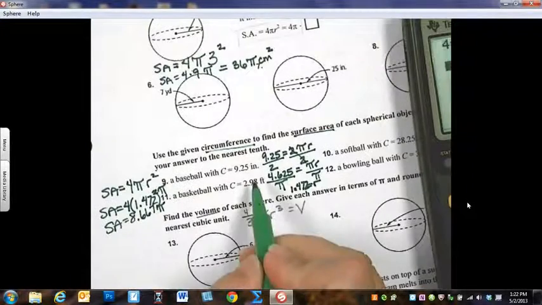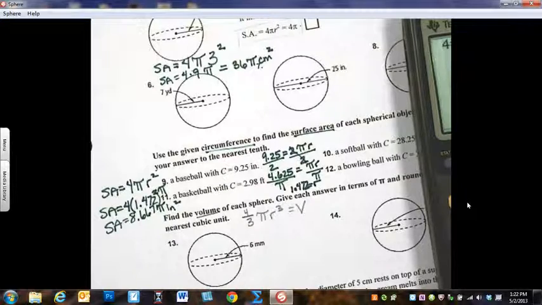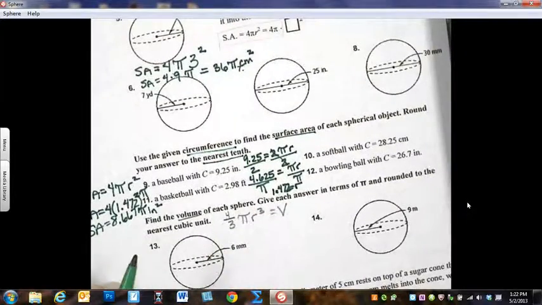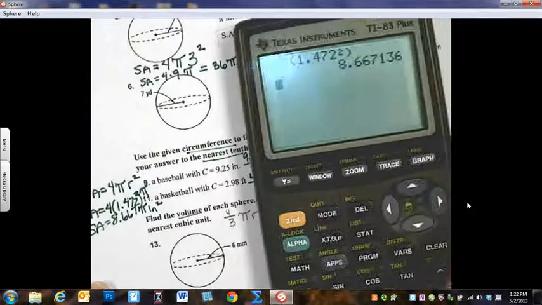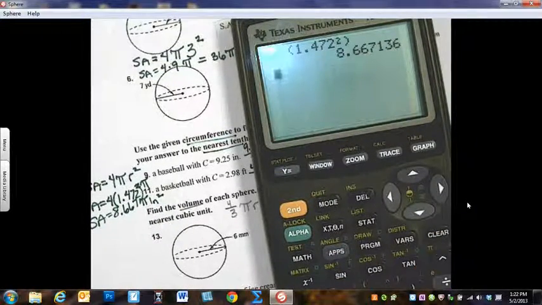And what is it? It's in inches squared. Now, is that in terms of pi? Yes, it is. But notice they want you to round your answer to the nearest tenth. So they don't want this in terms of pi. So I have to finish multiplying it through. So I'm going to hit times, and then I'm going to push pi.